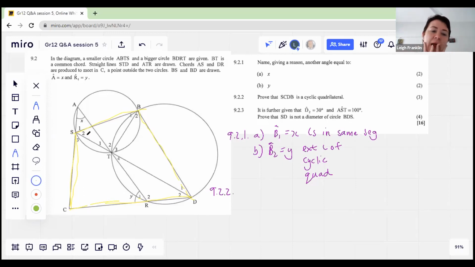As far as the other 2 reasons are concerned, we've got angle S1, which could serve as the only exterior angle to this particular cyclic quad, but we don't really know anything about S1. And then the other thing, as you said, which is the first thing, is converse opposite angles of a cyclic quad are supplementary. So let's have a look at that. Okay, what do they tell us?